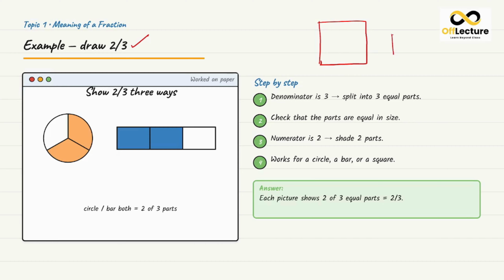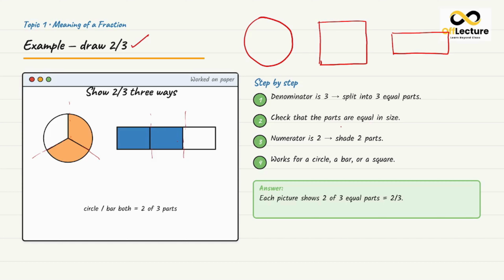We can choose a rectangle also. We can choose a circle also, whatever you want. Here, rectangle and circle have been shown. So we have divided the circle into 3 equal parts. Similarly, we have divided the bar into 3 equal parts.